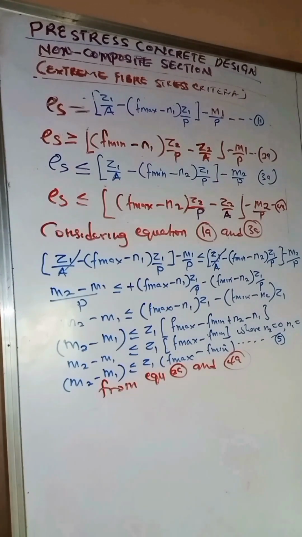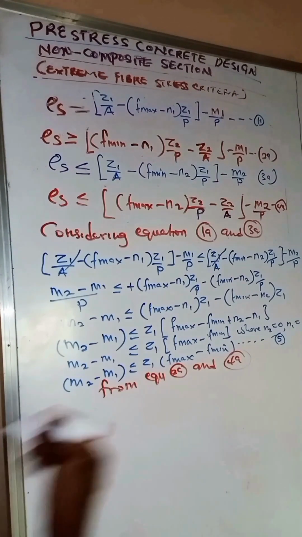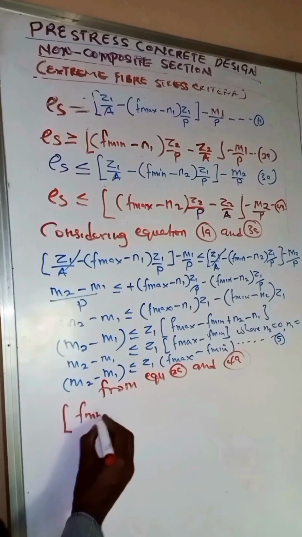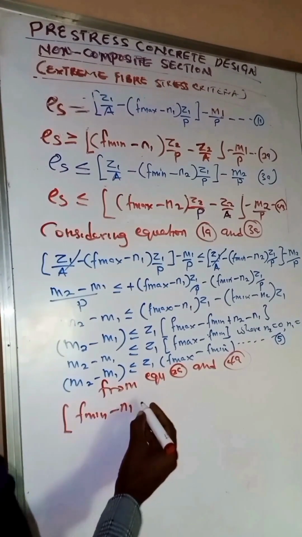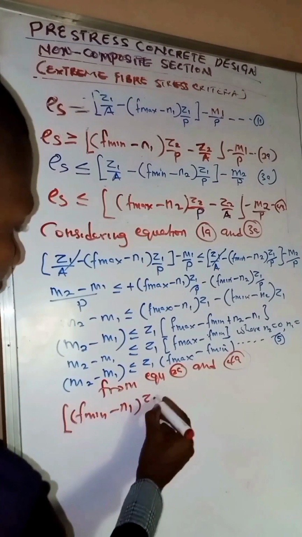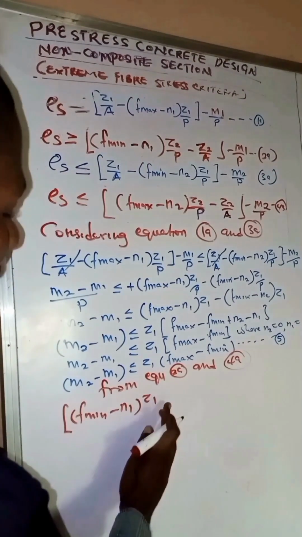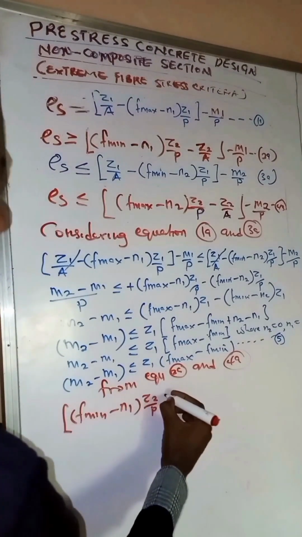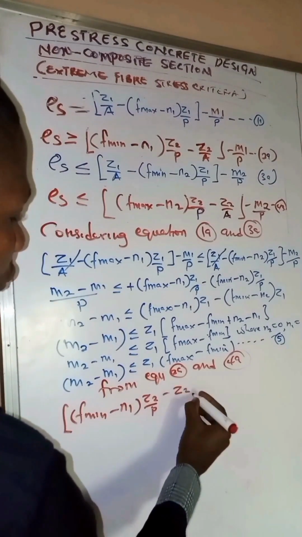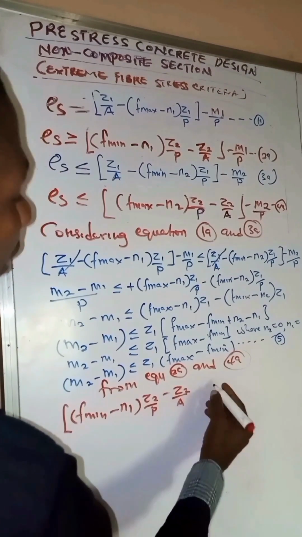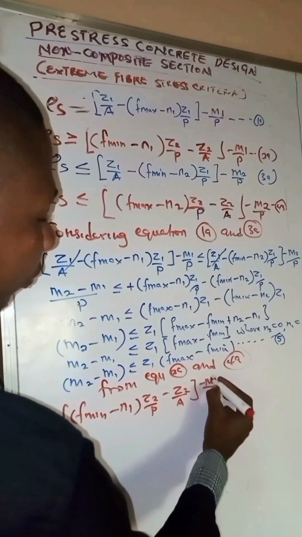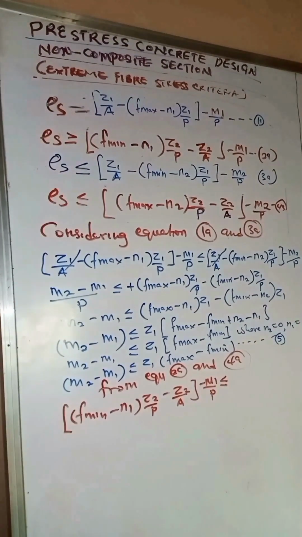So writing the inequality, we are going to have it as (F minimum minus N1) Z2 over P, minus Z2 over A, close bracket M1 over P. Okay, this is lesser than the upper limit of the eccentricity, which is equation number 4a.